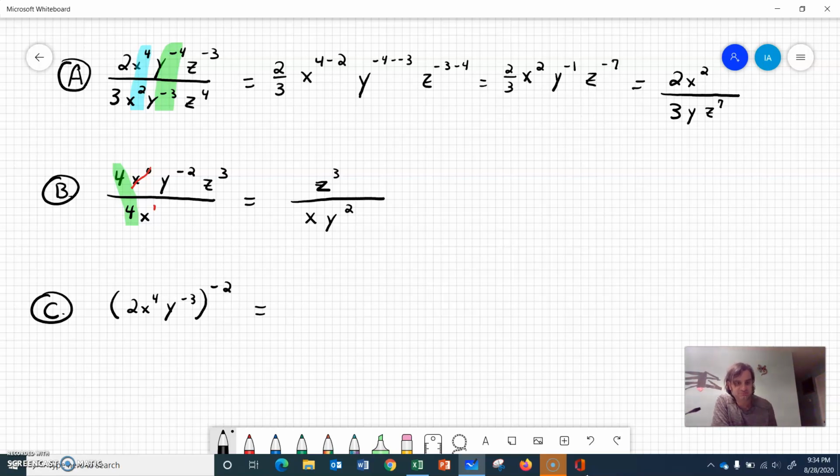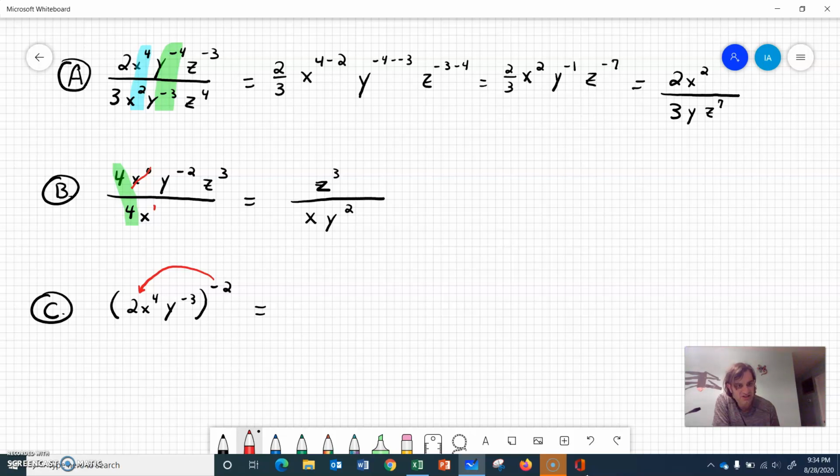Okay. The last problem down here, C, is the quantity. So there's a parentheses, 2x to the fourth, y to the negative 3. And that quantity in parentheses is raised to the negative 2. So this is a little tricky here. Remember that if you have a parentheses, that exponent hits everything, even if it's a number.